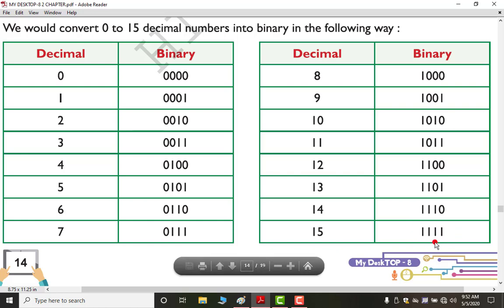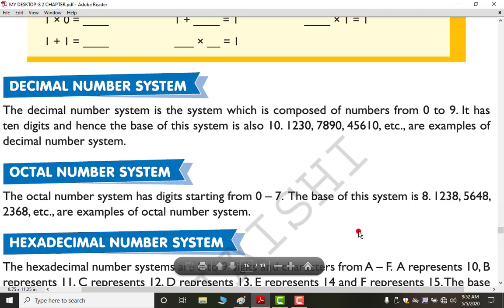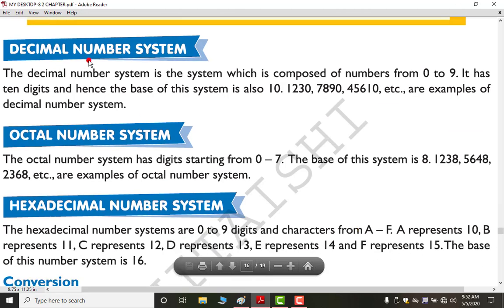And how? We are talking about this first. Decimal number system. The decimal number system is the system which is composed of numbers from 0 to 9. It has 10 digits and hence the base of this system is also 10. So in your maths you are using this number system. All your numbers are comprised of these digits only, 0 to 9.